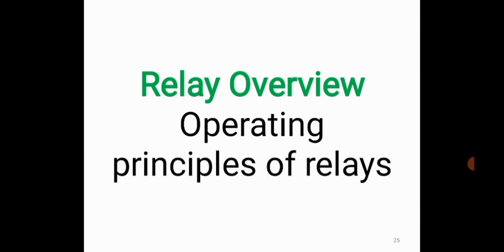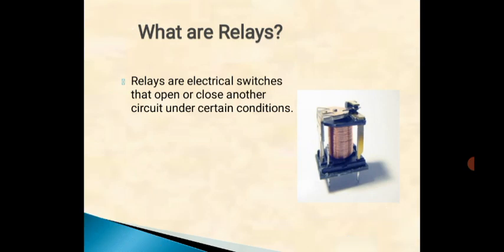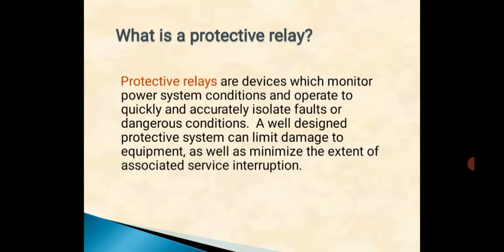Next one, relay overview, which is called the operating principles of the relay. First one, relay. What is meant by relay? Relays are electrical switches that open or close another circuit under certain conditions. So what is a protective relay?